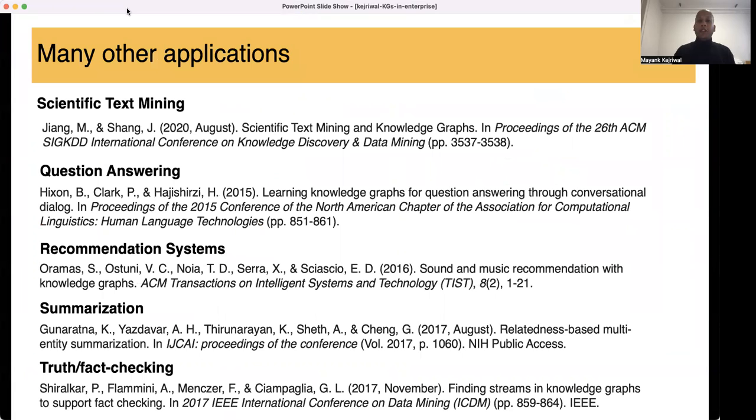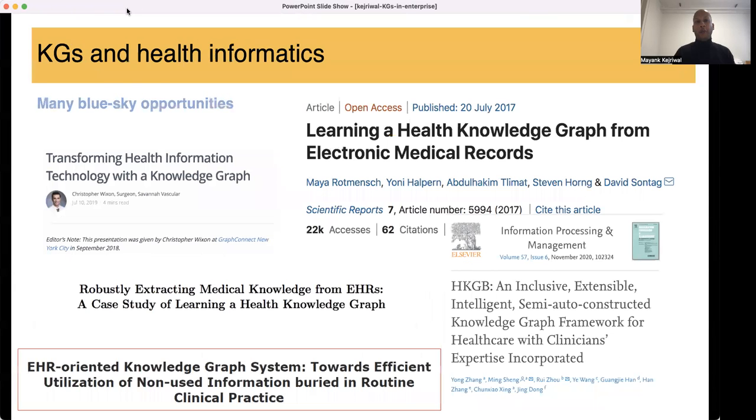There are many other applications, everything from text mining to question answering, recommendation systems, summarization, fact finding. So many applications. When some of these were first published, in the mid 2010s, they were still very much in the research arena, but now we are seeing many of these in enterprise in some shape or form.